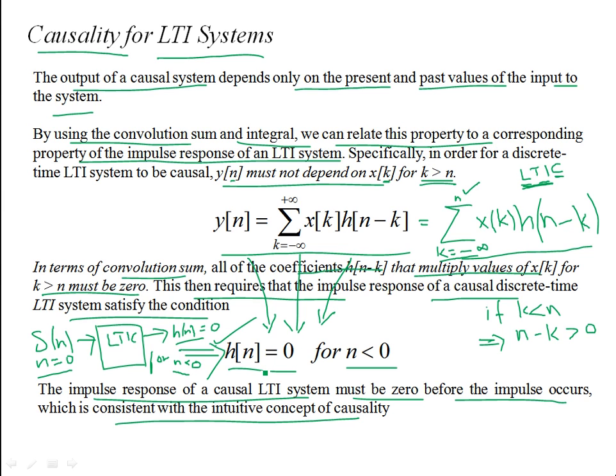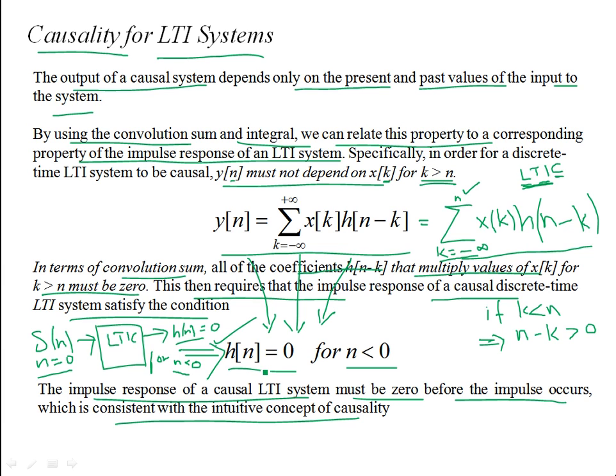That means the impulse response should be 0 before the unit impulse is applied, right? So it cannot anticipate when the impulse is going to be applied. The general situation is like this. For example, if the system is initially at rest up to a certain time, then the response of the system will be 0.